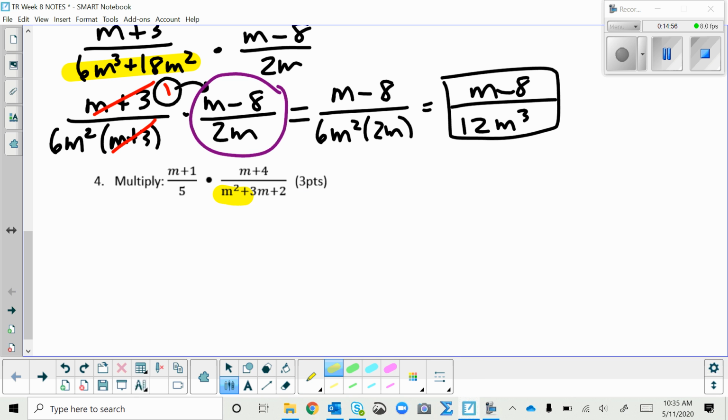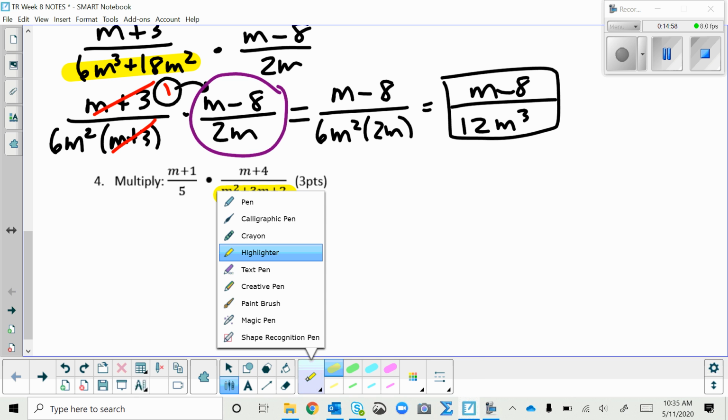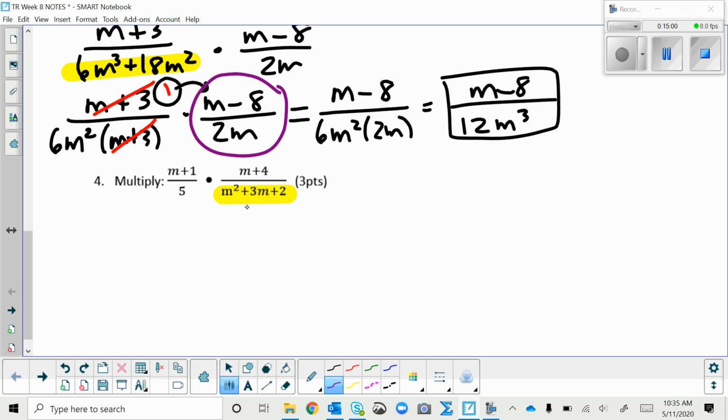It's this one, right? That is a trinomial. And it doesn't have any GCF, okay? So there's nothing in common that we can divide out. What we need to do is our cross method. So we ask ourselves what multiplies to AC. A is 1. So A times C is 2.